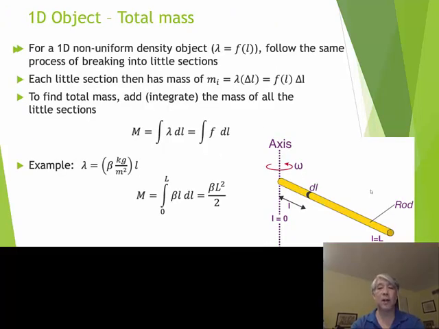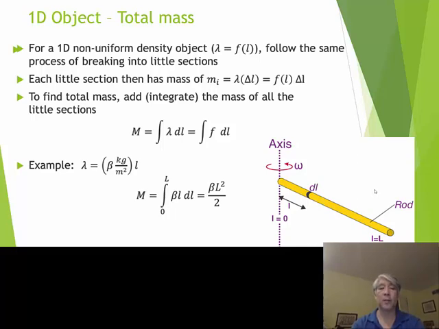Let's look at how to calculate total mass. For total mass, I'm just adding up all the little sums. So I'm integrating mass, which is nothing more than lambda dl, or whatever that function is, dl.